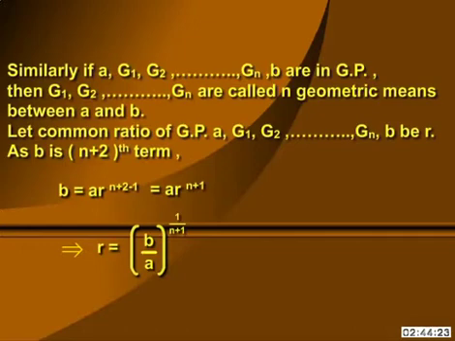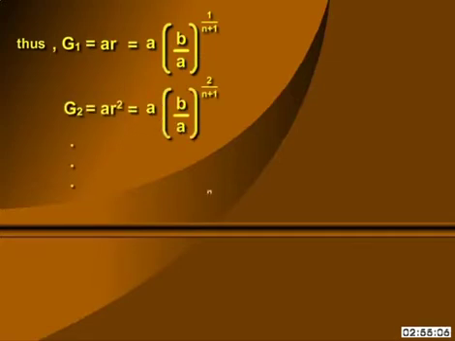It implies that R is equal to B upon A raised to the power 1 upon n plus 1. Thus, G1 is equal to AR, which is equal to A into B upon A raised to the power 1 upon n plus 1.